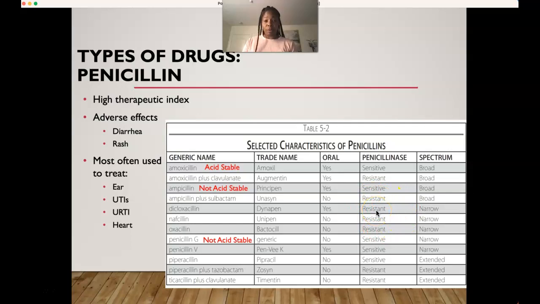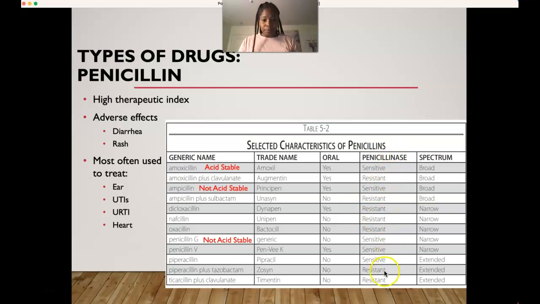In fact, all four of them are resistant to penicillinase, right? So where you can use a narrow spectrum drug, not only do you have decrease in adverse side effects, decrease in the development of resistance to antibiotic therapy, but then you can also see that they are resistant to penicillinase, meaning they're not going to be broken down and they're going to exert a better effect, right?